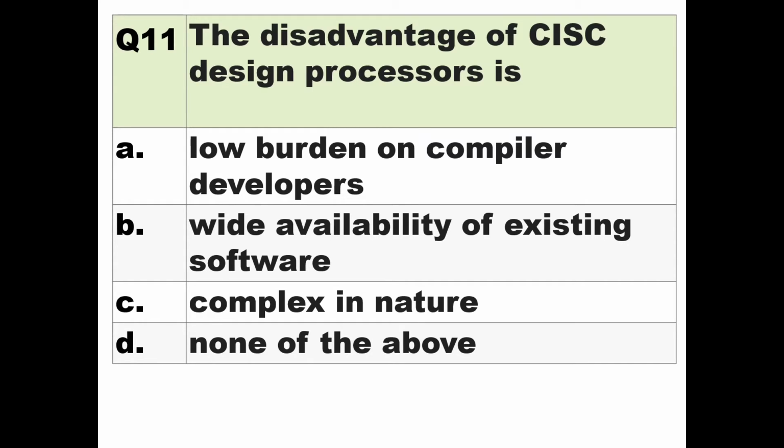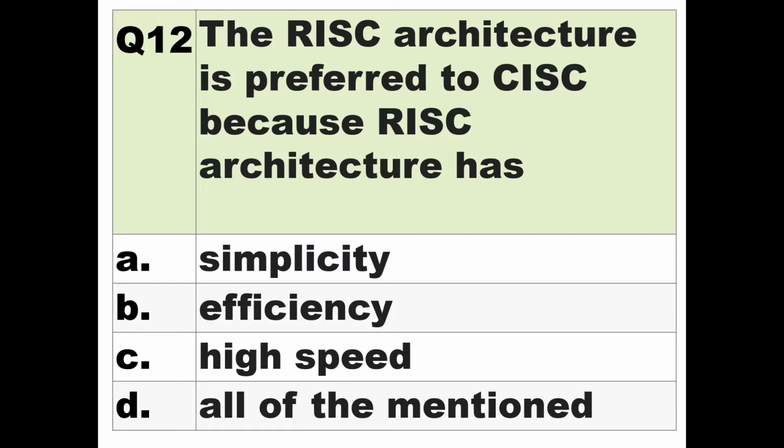Out of these four options, the third option, that CISC is complex in nature, its design is complex, is the main, important disadvantage of CISC. So here the option will be option C, complex in nature. Then we'll go to question number 12.